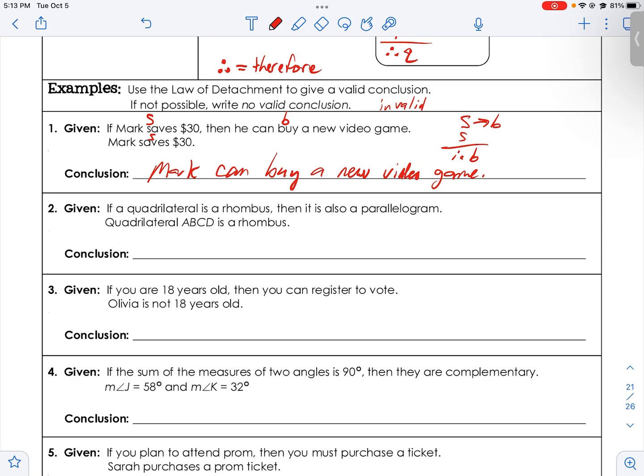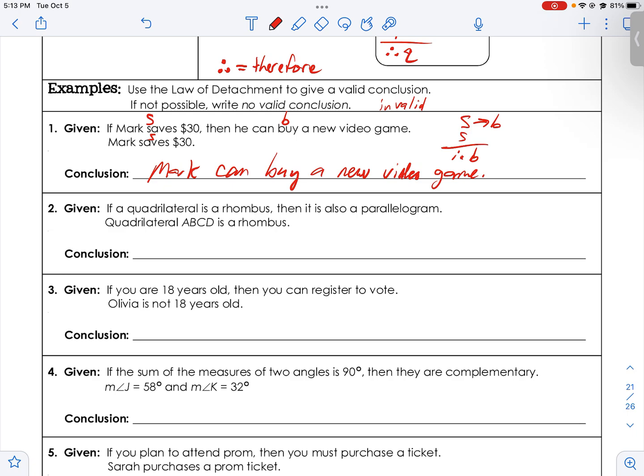The way I like to think of this law of detachment is if you detach the pieces, they only follow the arrow. So if you're given S, then the arrow sends you to B. But if you have B, you can't go against the arrow. You don't know that's why you have B. It could have been another reason.